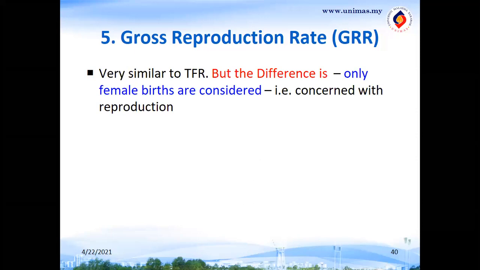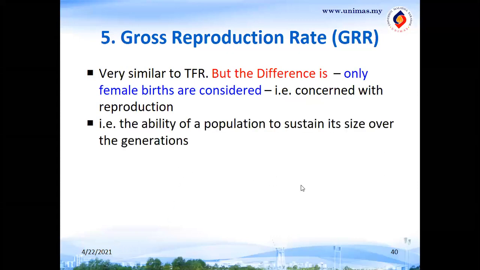It's only girls and women who are able to have babies. Okay, jadi gross reproduction rate ini hanya menumpukan kepada berapa orang anak perempuan yang dilahirkan, ya, because it is concerned with reproduction. Okay, so it is in other words, the ability of population to sustain its size over the generation.